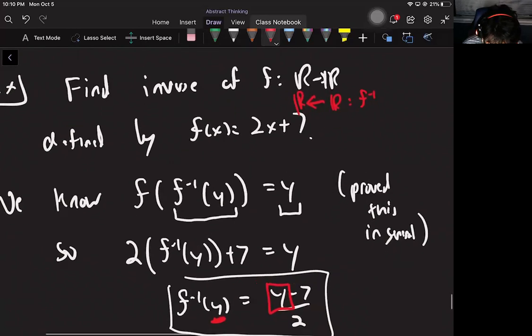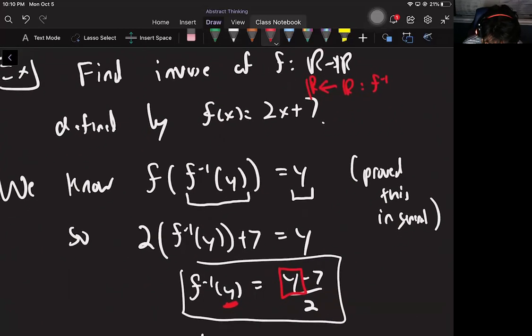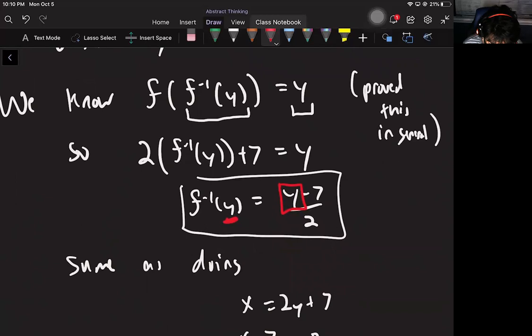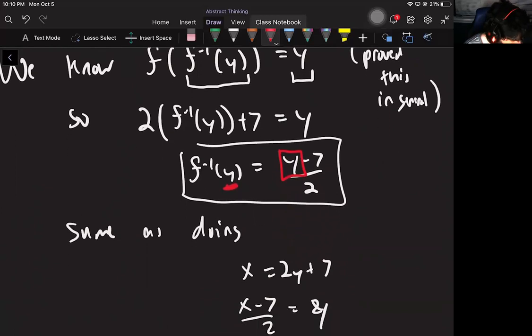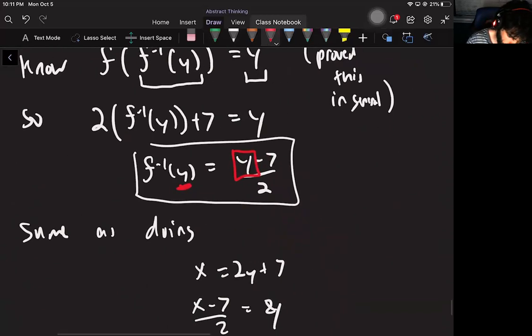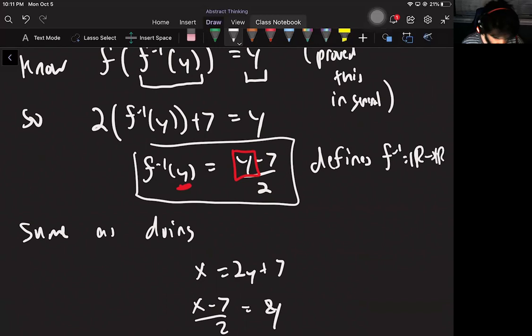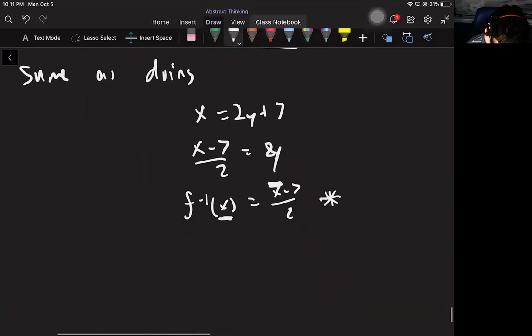So I guess you like to call outputs y in that class. So that's why we use y here. Okay, so anyway, that's why that works. So this defines f inverse going back. Okay, it's always good to re-understand old things from a new perspective.